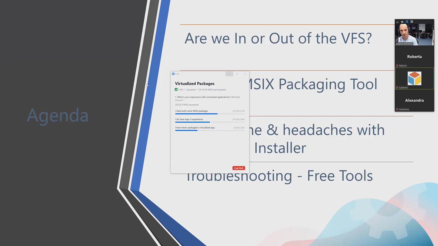Our agenda for today is going to cover a small introduction on what the virtual file system is. For those of you that have done App-V packaging in the past, this is nothing new. If this is the first time you're investigating or learning how to package a virtualized application, be it App-V or MSIX, this will be a bit of a journey to understand the different behavior of an application packaged as an MSIX.